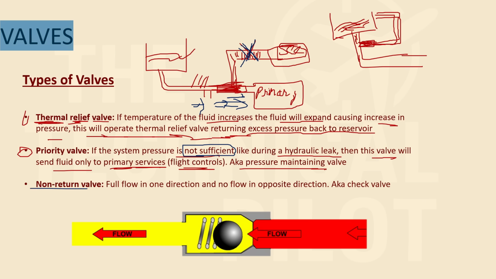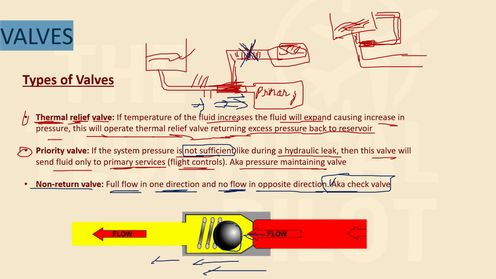Then you have a non-return valve. As we have seen many times, a non-return valve allows full flow in one direction, but no flow in the opposite direction. It is also known as a check valve. So this ball allows the flow in this direction. The ball will move in this direction, obviously, and the fluid will continue.